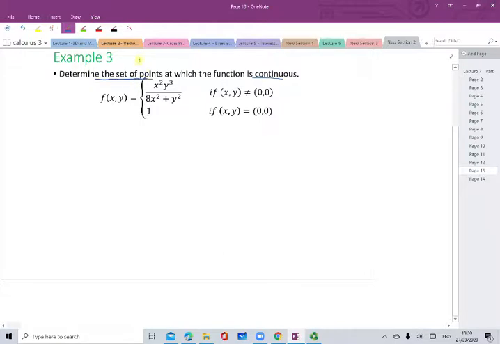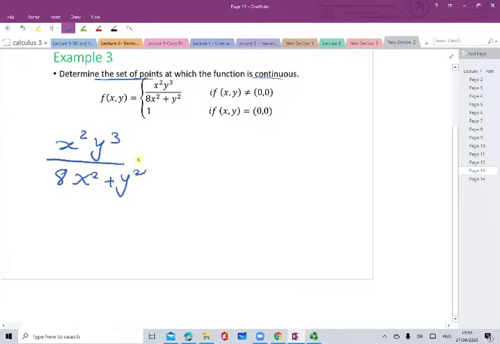I'm looking for the region of continuity, the set of points at which the function is continuous.